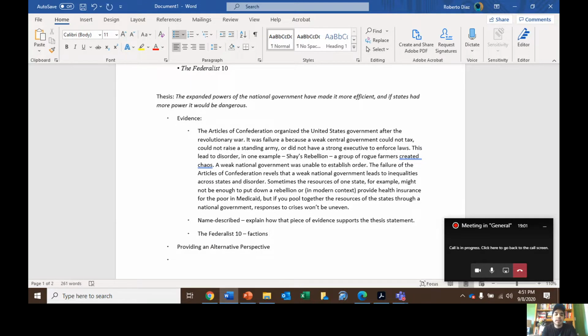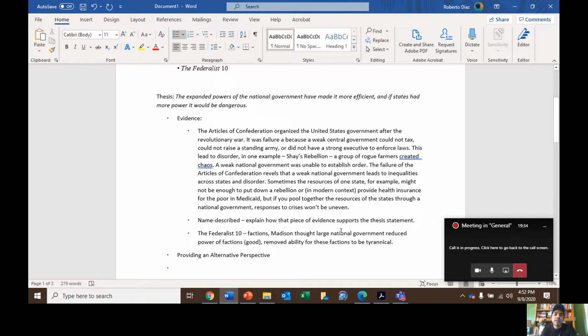You could talk about how factions and Madison thought a large national government reduced the power of factions, etc. That this was good because it removed the ability for these factions to be tyrannical. And then you can apply it to this context.